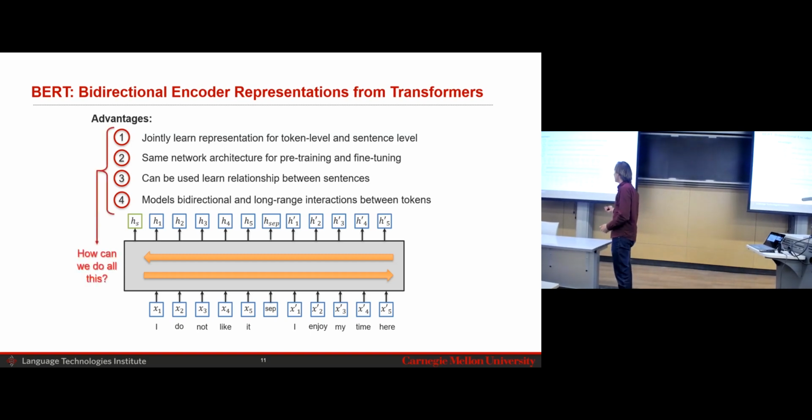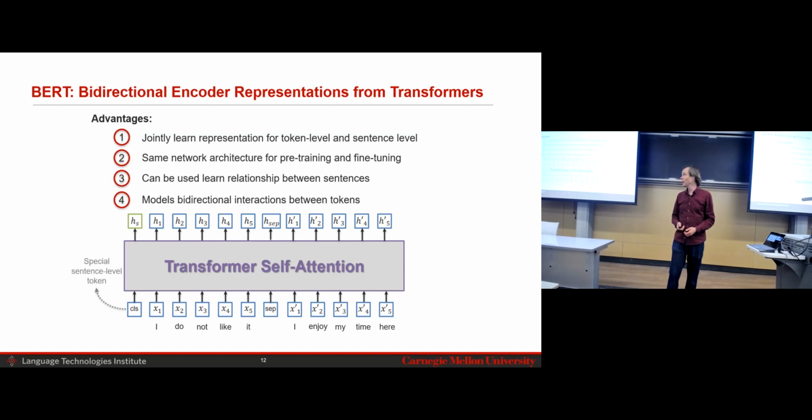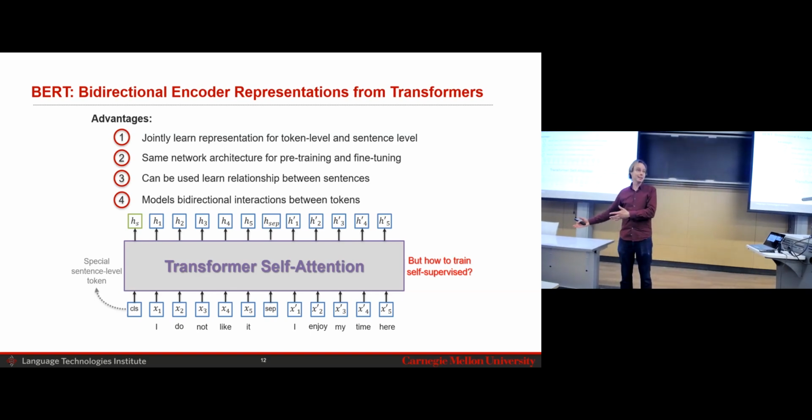So to do this, we use a transformer with a special token at the beginning and a special one to separate. And so how do we train this automatically? That's BERT. So when you hear BERT, it's mostly a transformer plus the distributional hypothesis. But how is it called now? It's called masking.